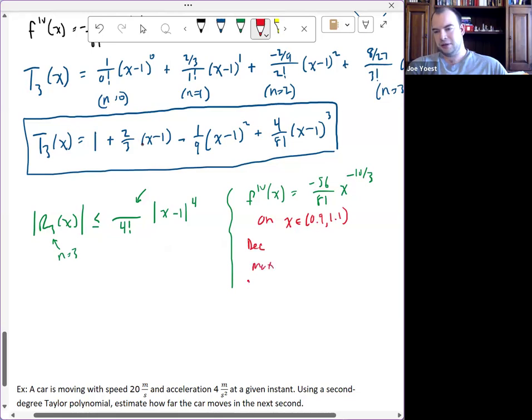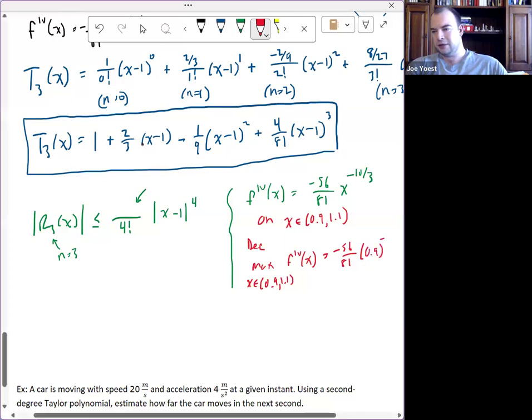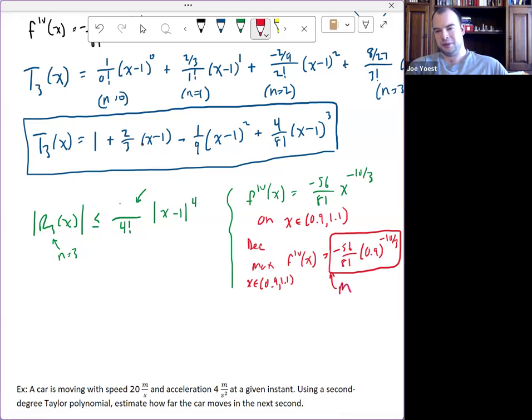So the max for x in 0.9 to 1.1 of the fourth derivative is going to be negative 56 over 81 times 0.9 to the negative 10/3. Not the nicest number in the world, but it is what it is. So this is what M is, which will be over here. And the biggest this can be is 0.1. The further I get away from 1, the larger this is, and the most that I get away from 1 is 0.1 units away, either to the left or the right side.